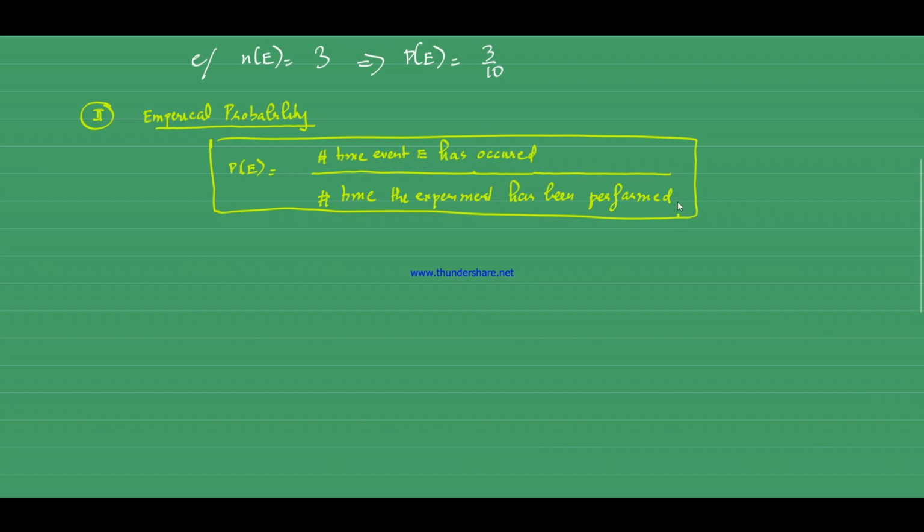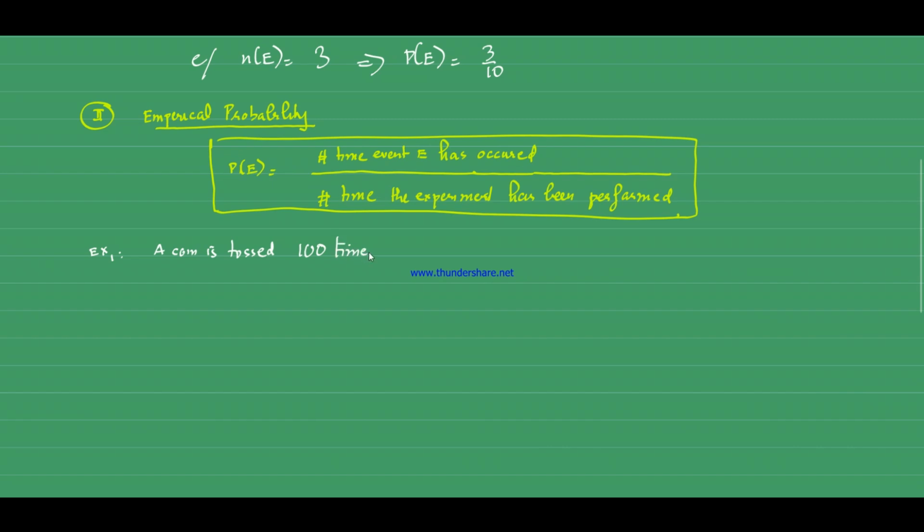All right. Now let me start the first example here. I had a problem like this. A coin is tossed 100 times.